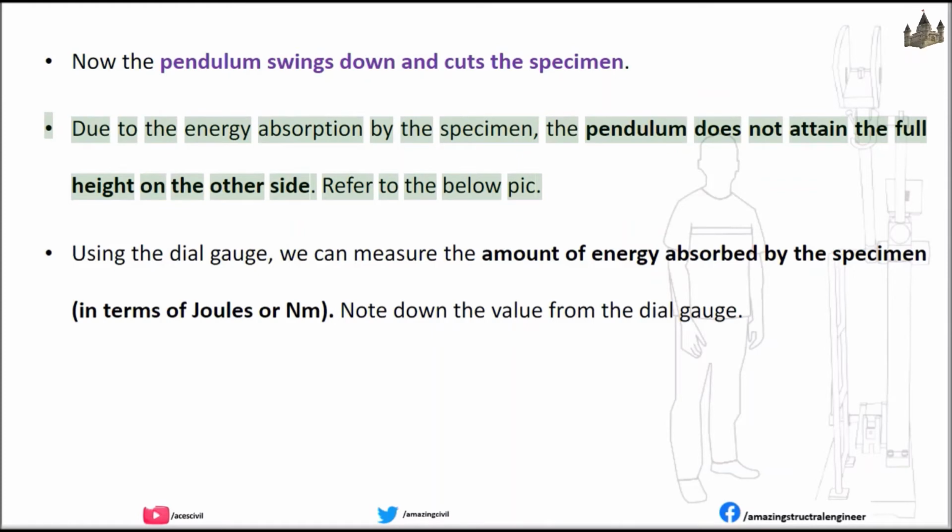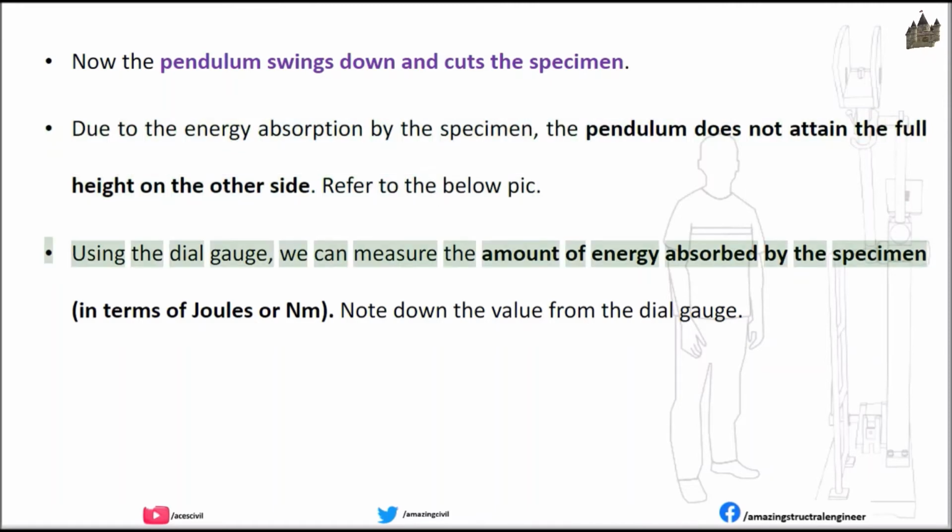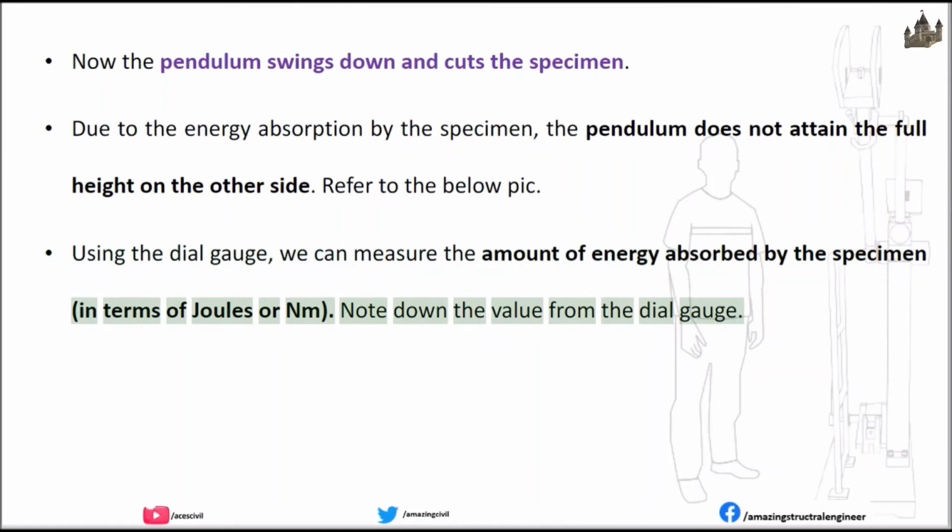Due to the energy absorbed by the specimen, the pendulum does not attain the full height on the other side. Refer to the picture below. Using the dial gauge, we can measure the amount of energy absorbed by the specimen in joules or Nm. Note down the value from the dial gauge.